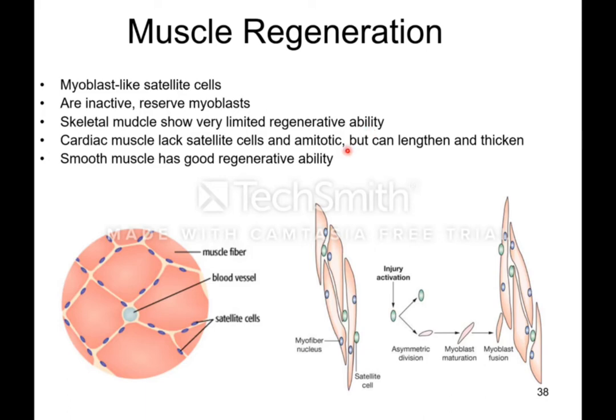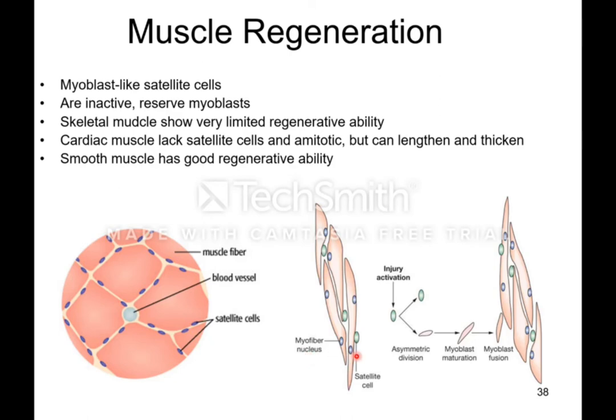For example, in myocardial infarction, when the muscle is injured and loses its function, because they don't have any satellite cells, they are unable to do regeneration and repair. But the smooth muscle has good regenerative ability. Why? Because they include a high amount of satellite cells and mitotic cells.